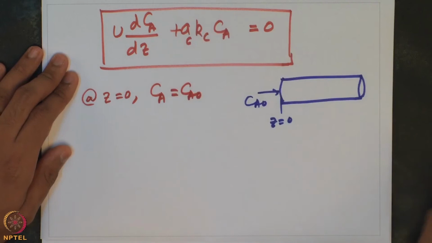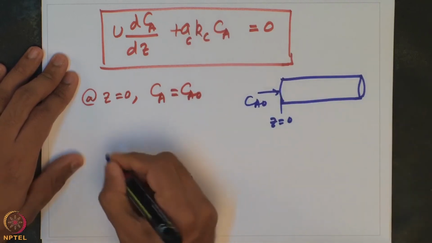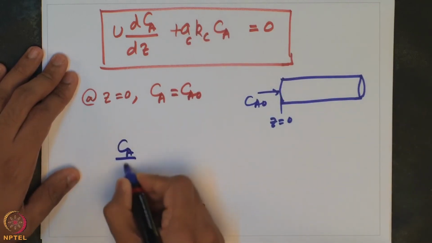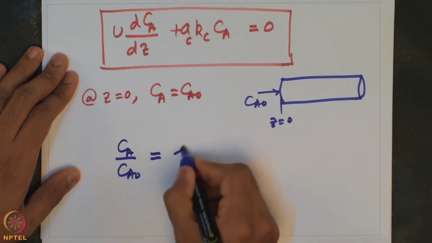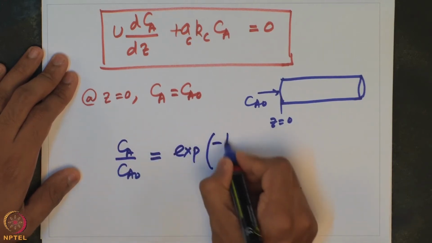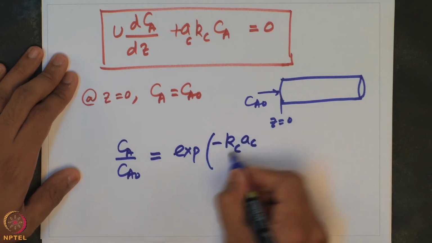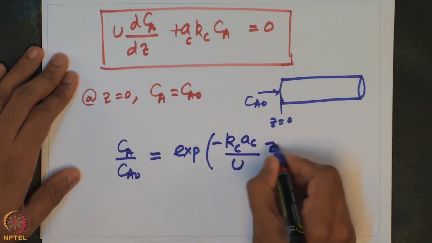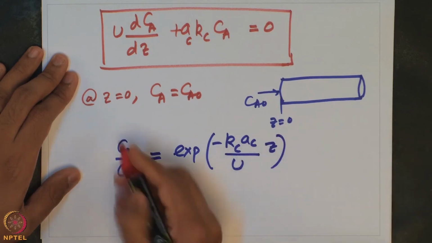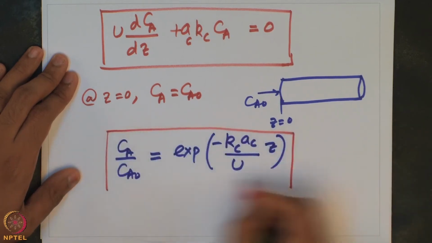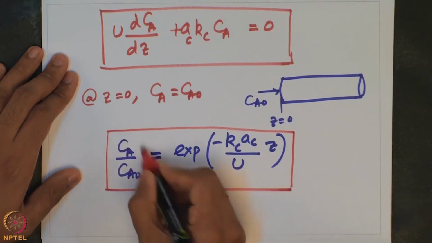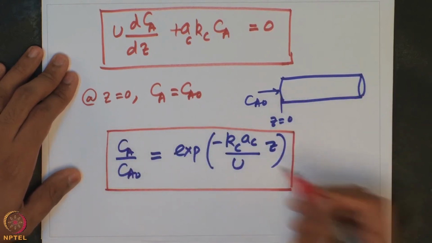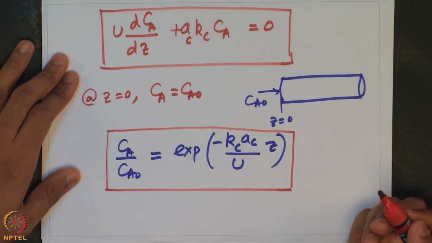Now, incorporating the boundary condition and solving the model equation, we will see that Ca by Ca naught is equal to exponential of minus Kc Ac divided by U into Z. So, this expression captures the concentration of the species in the reactor as a function of position, which is a function of the mass transport coefficient, the surface area per unit volume of the catalyst, and the superficial velocity.